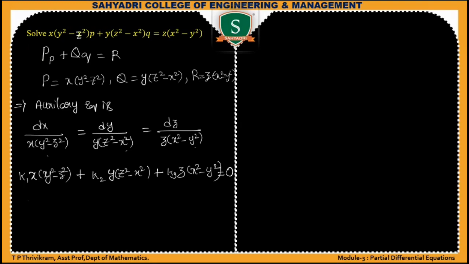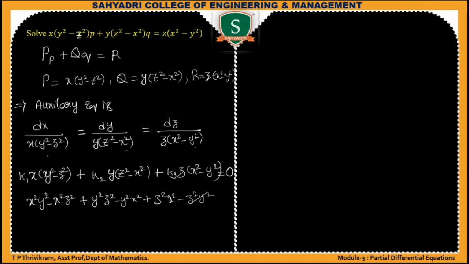If you multiply by x, you'll get x square into (y square minus z square), so I can write it as x square y square minus x square z square. Then y square z square minus y square x square. Then z square x square minus z square y square.